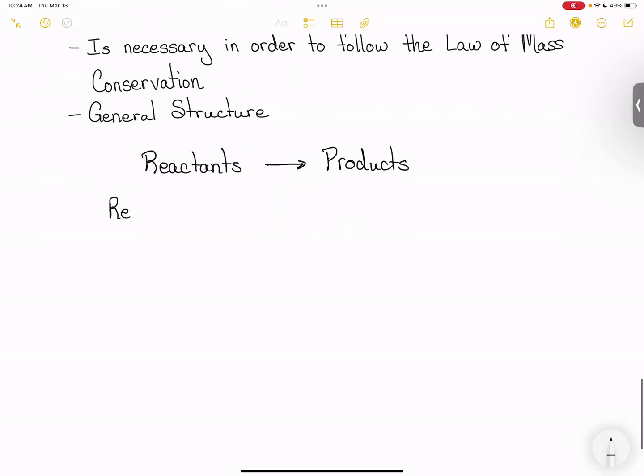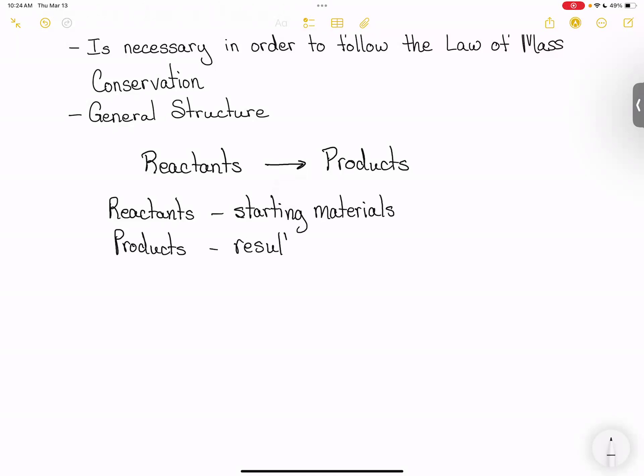The reactants are your starting materials. The products are the resulting materials or ending materials.